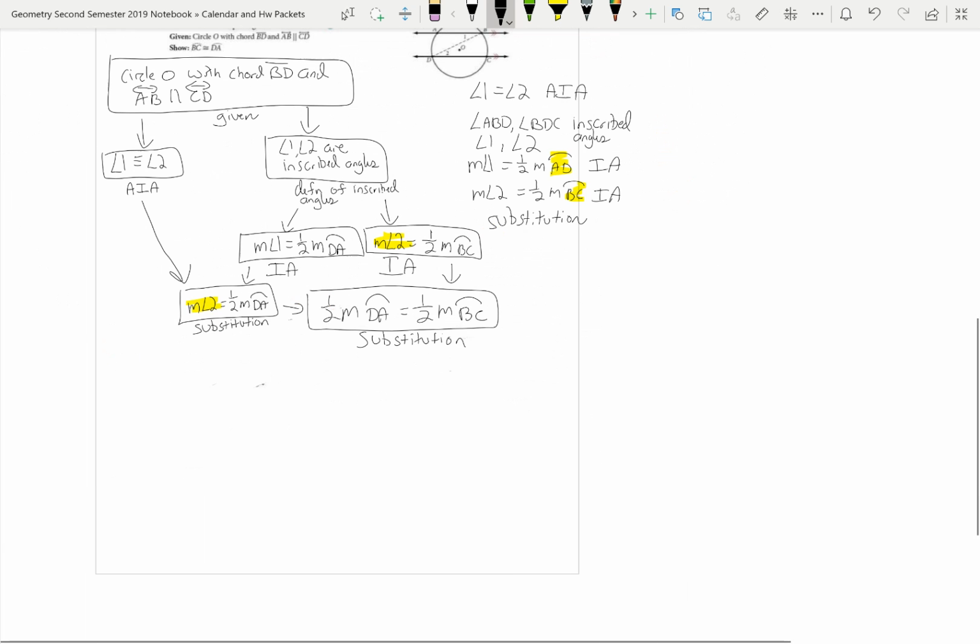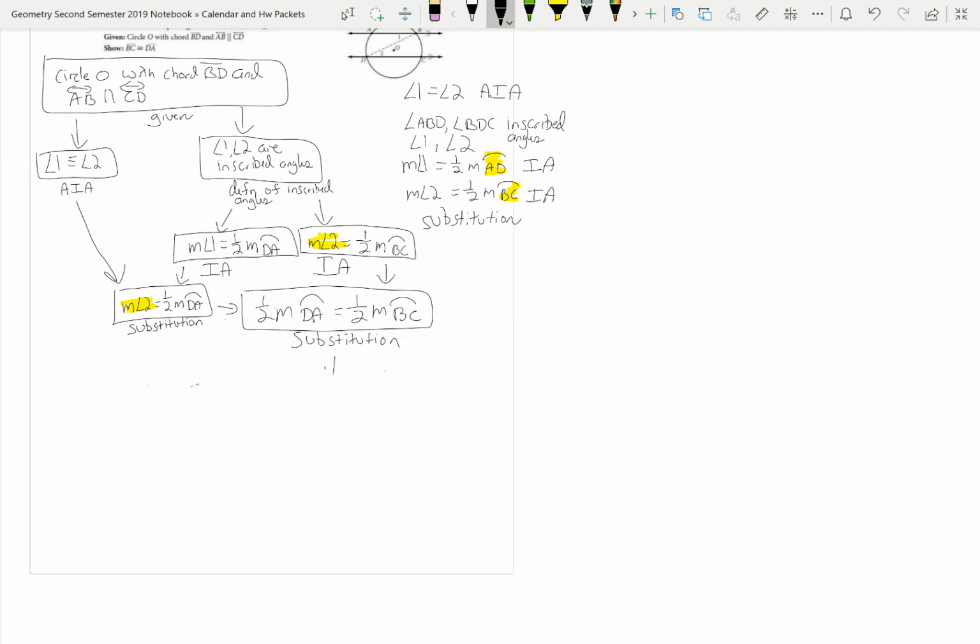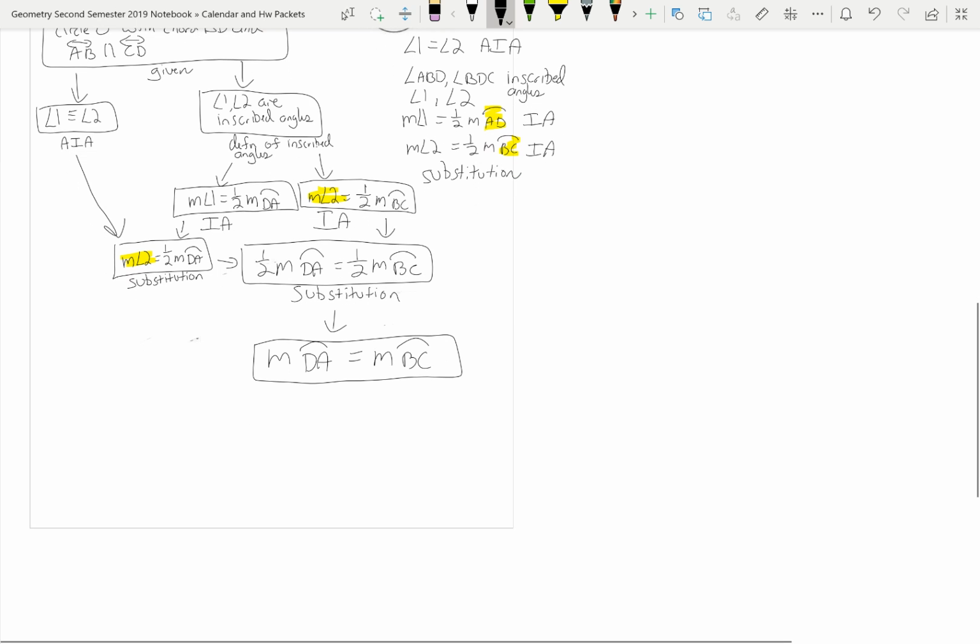And so we can go ahead and say that the measure of arc DA equals the measure of arc BC, and that is because of a property of equality.